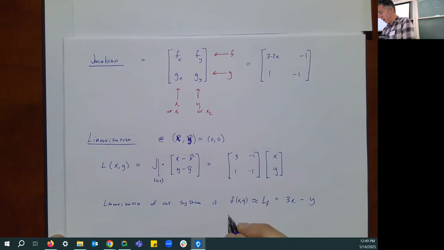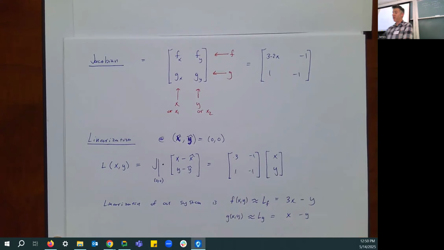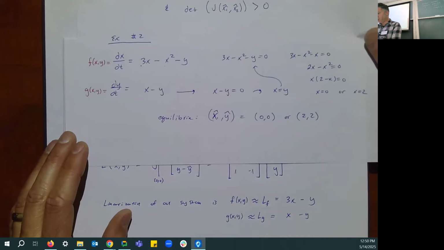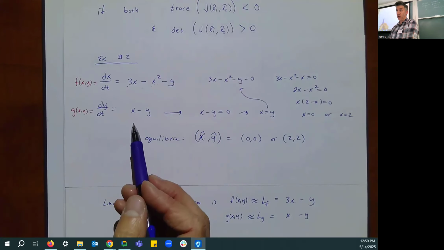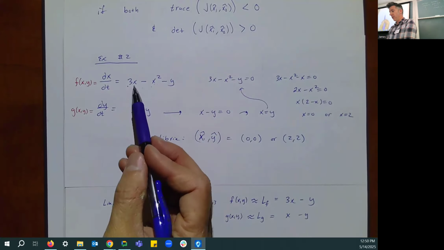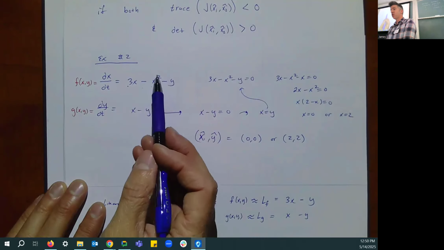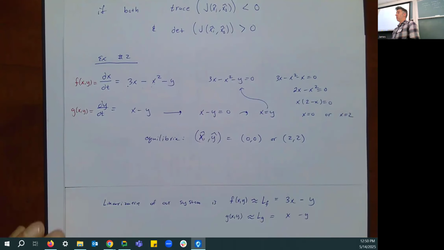And the linearization of our g function, which we would call LG, is 1 times x minus 1 times y. Which, if you look back at the original equations, shouldn't be super surprising. The second one especially is already linear, so its linearization shouldn't change it at all. The first one, the 3x minus y is linear, and the x squared becomes a non-issue around the origin. So around the origin, the linearization is just the linear parts of each of these equations. That's not always true. It is true here.